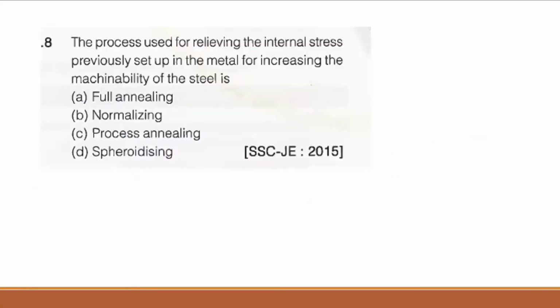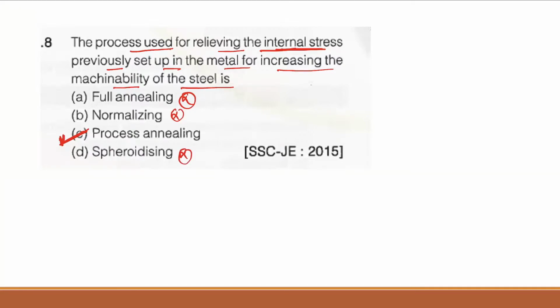Now the next question, a process which is used for relieving the internal stress previously set up in the metal for increasing the machinability of the steel is. The correct answer is process annealing. Here you have to understand that for relieving internal stresses, full annealing is not used, not normalizing, not spheroidizing.